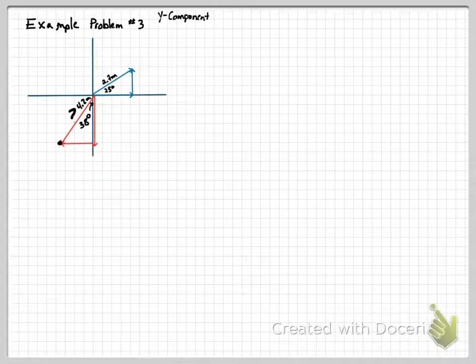So this is going to be our north, south component. And again, we're going to define these. So we're going to have this as triangle 1, this as triangle 2.